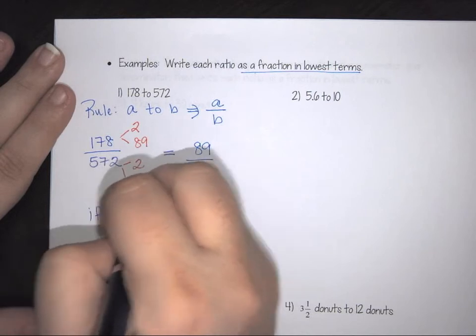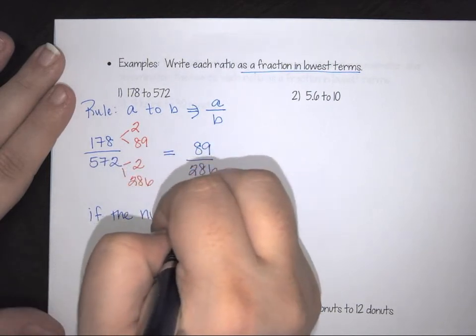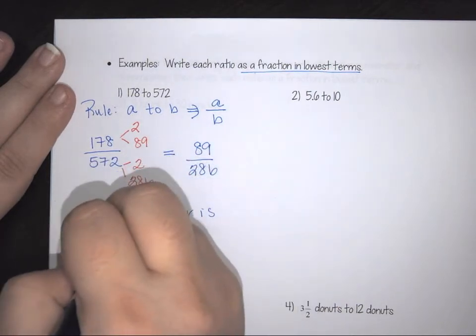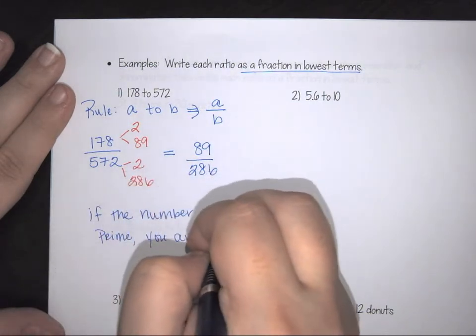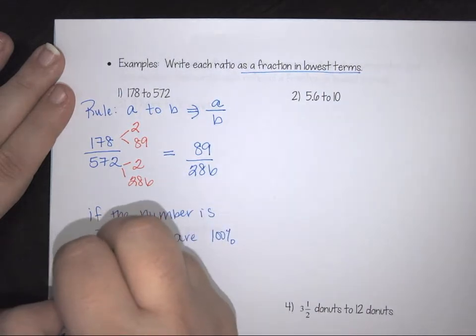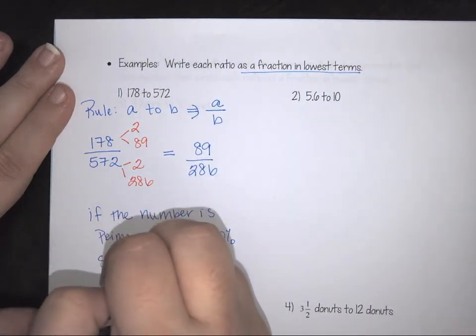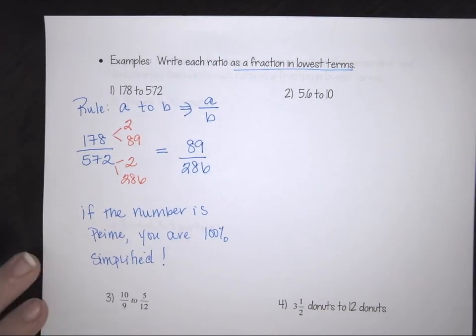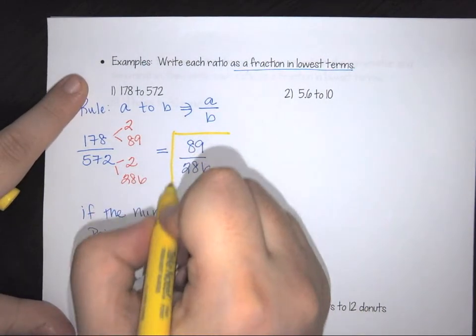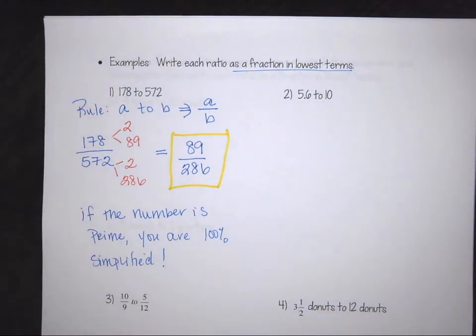If the number is prime, you are 100% simplified. Meaning you would definitely never have to simplify further. You're already done, and that's it. So yes, that being said, this would be your answer.